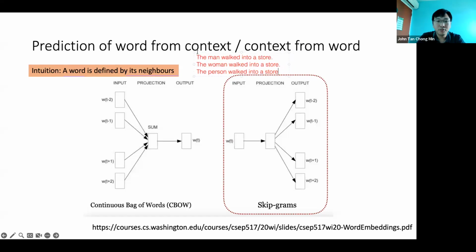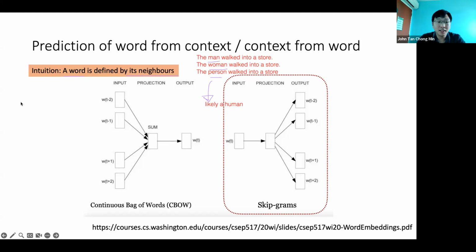Because of the words like walked into a store, you could tell that this word here, in general, likely means a human, because a store is a kind of place where humans go to. It's not really like a robot walks into a store. You wouldn't expect this, unless next time we have cyborgs and everything.